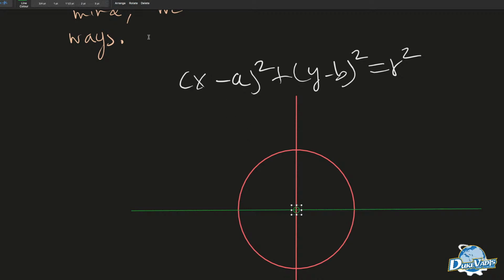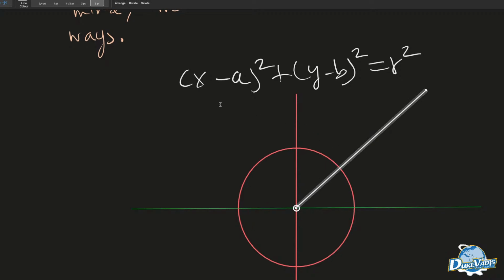This is the center of the circle, and a radius. When we draw any line from any point to this point, as far as it intersects with the circle, then we can say that it's a radius of the circle.